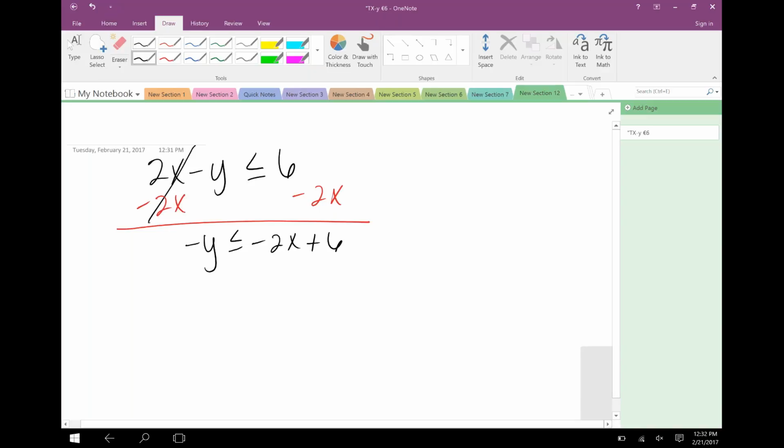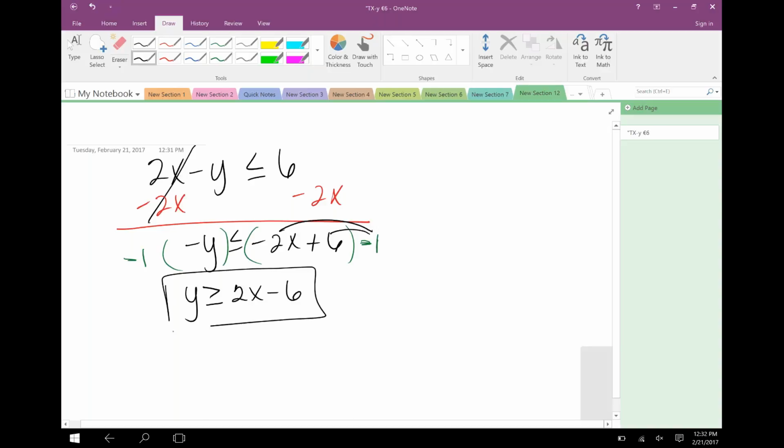And then now I need to get my y by itself, so I'm going to multiply both sides by -1 to make my y positive. So I have positive y, I'm multiplying by a negative, so I have to flip my sign: is greater than or equal to, distribute the negative, positive 2x minus 6.